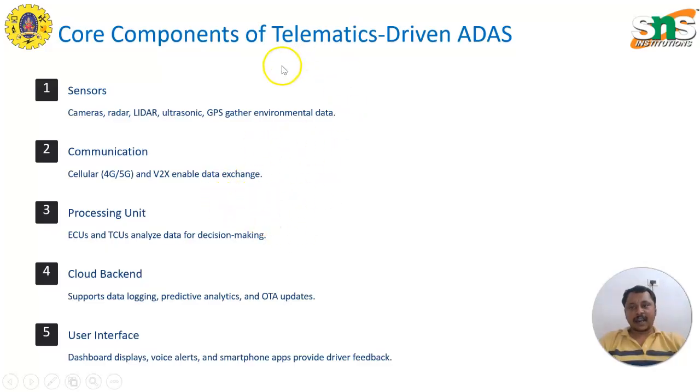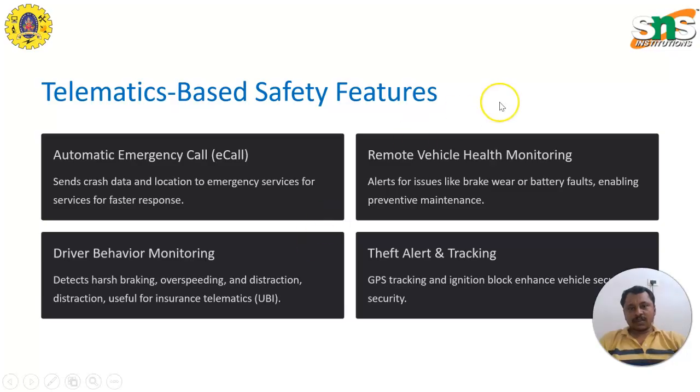And there is another component in the telematics, that is the user interface. This user interface is nothing but the data that is displayed. It consists of a display unit, a microphone for voice alerts, and smartphone apps for driver feedback. The telematics safety features include automatic emergency call, that is SOS, and remote vehicle health monitoring.